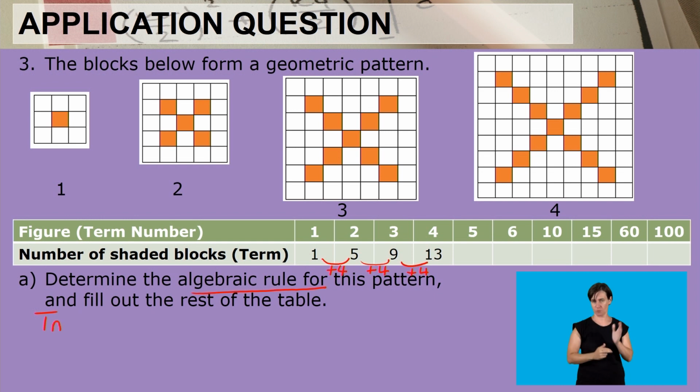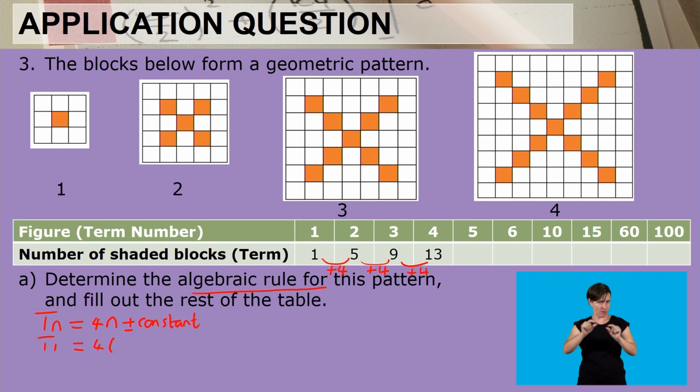Remember, that 4 is a constant difference. So we are going to start with our constant difference here, which is a 4. We are going to multiply that by our term number, and we are going to add or subtract a constant. So we are going to use our first term, or any term that you want to use really, so that we can get that constant value.